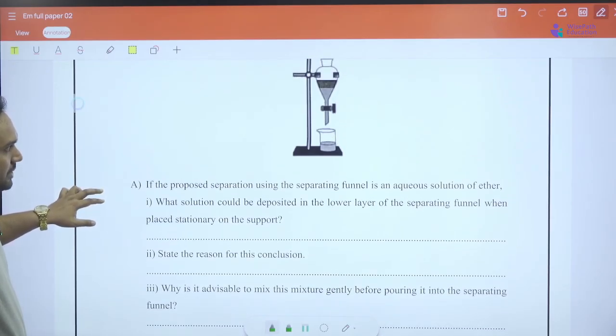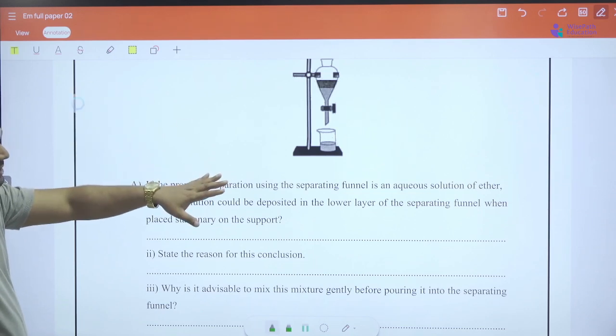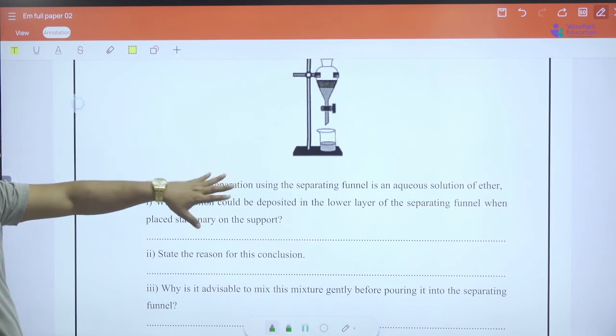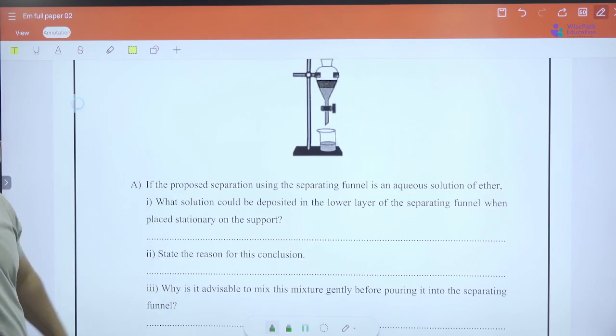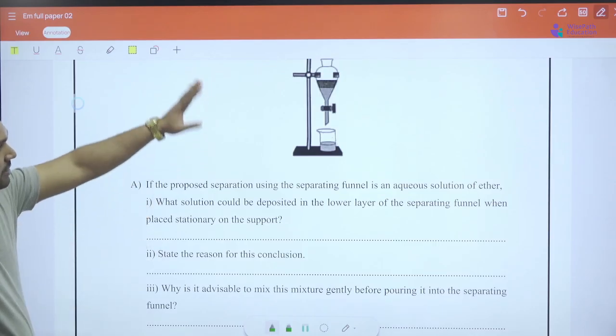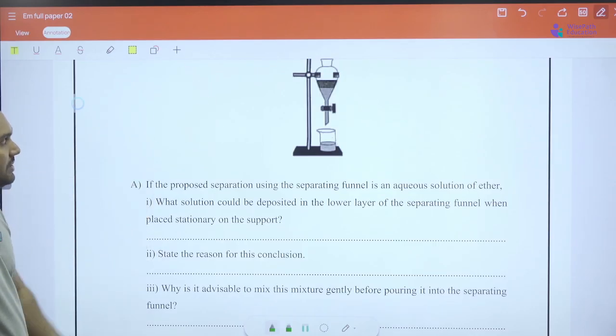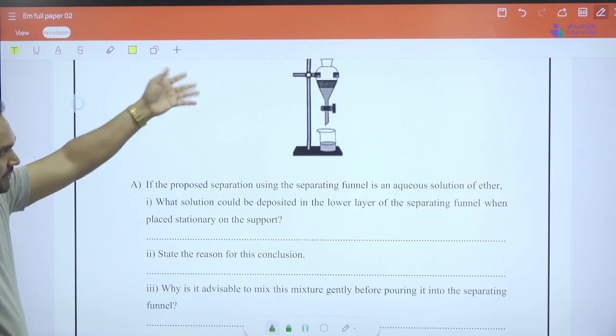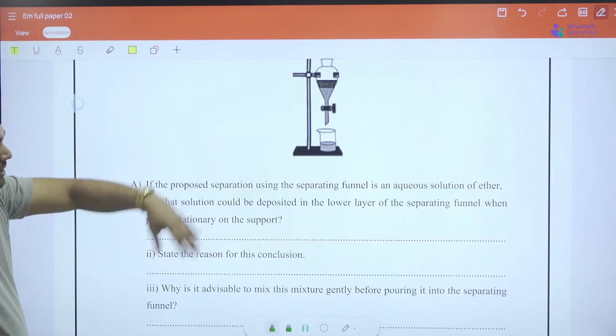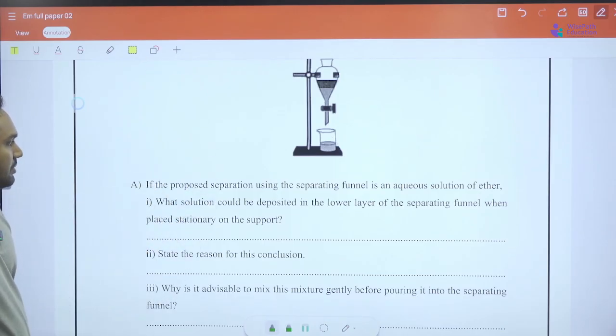Now the aqueous solution of ether is there, so you have to separate ether from water. So you are adding one of the other solvents which is immiscible with the water but dissolves more ether in it, right? So what could be the deposit in the lower layer?